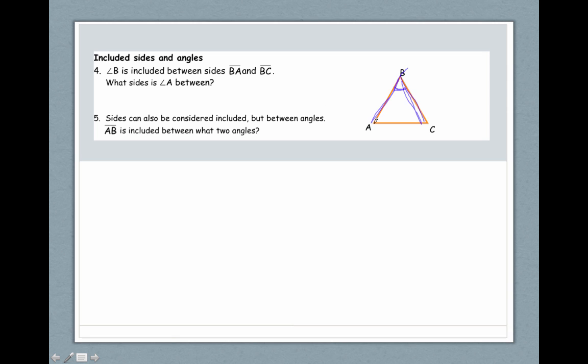Angle A is included between AB and AC. Sides can be included between angles. So AB, this one, is included in between angles B and A.